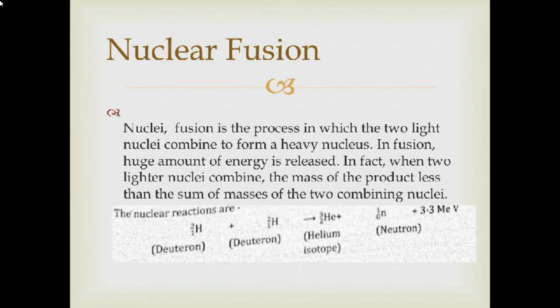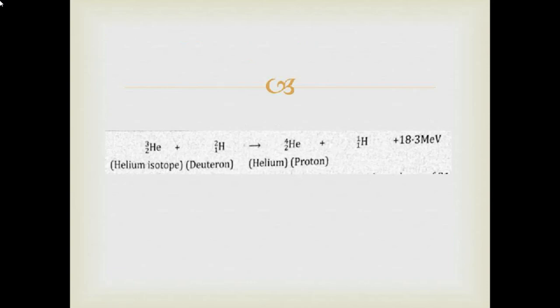But remember this reaction: 2H1, that is deuteron, plus 2H1 deuteron will give you 3He2, that is helium isotope, plus liberation of 1 neutron, 1n0, plus 3.3 mega electron volt of energy. Remember this reaction because they can ask the reaction in the exam.